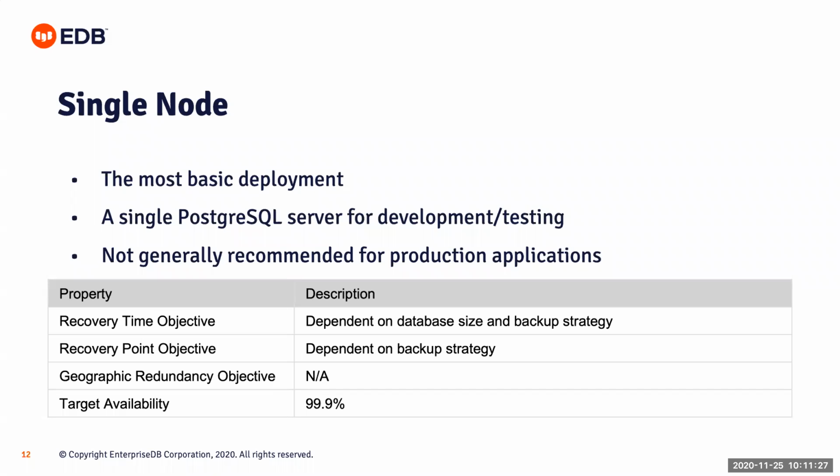You are vulnerable. Your recovery time and recovery point objectives are dependent on the database size and on your backup strategy. There is no geographic redundancy. Target availability, again, depends very much on the environment that the database is running in, but usually you'll see something like 99.9% on just a single server.